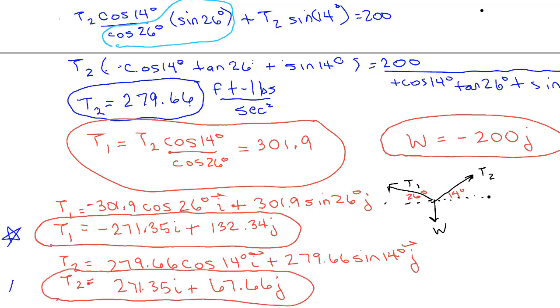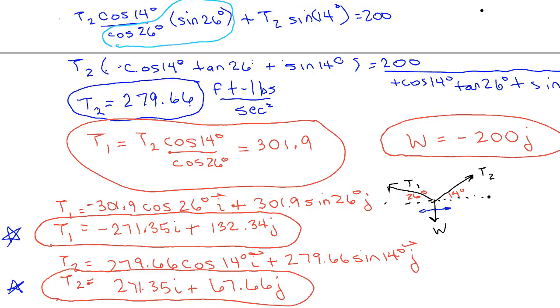T1 in rectangular form, T2 in rectangular form, and W in rectangular form. Now, I just want to point out something here, but notice the X values are exactly the same. They're just going in opposite directions, which is exactly what should be happening. If those X values weren't the same, then this guy is going to be swaying side to side, right?